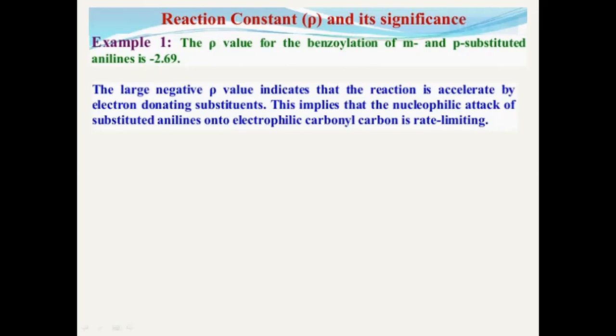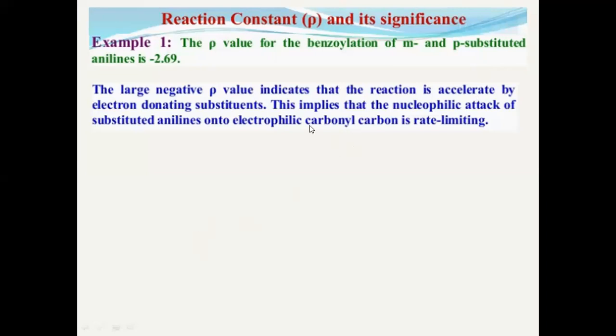The negative value of rho says that positive charge will develop, no problem. When you do benzylation with benzyl chloride, positive charge will develop. But what about the para and meta substitution? If an electron donating group is present at meta and para, that will accelerate the reaction.